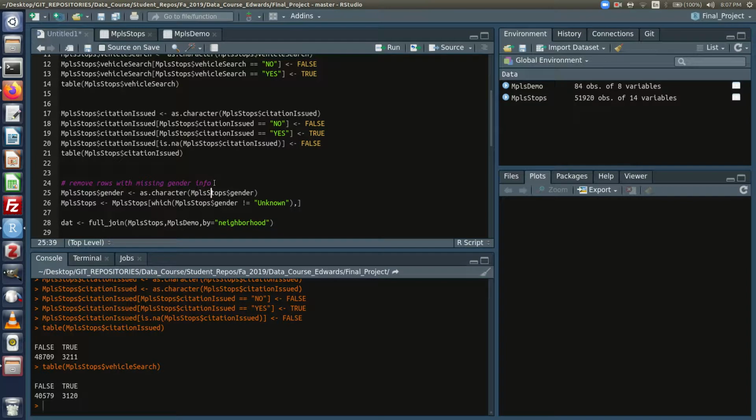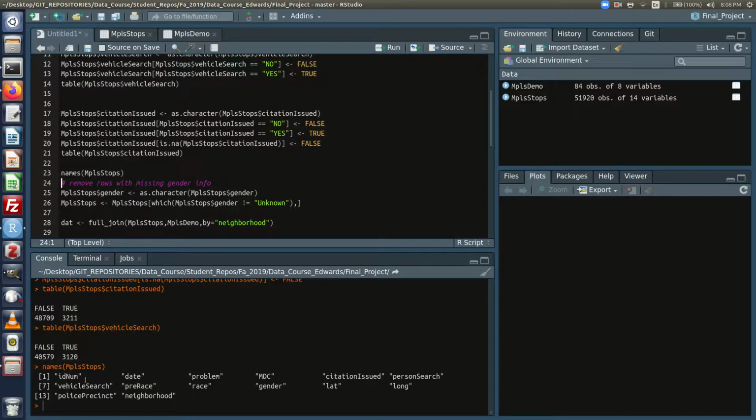So one of the things, if I look at names of MplsStops, we've got date, whether citation was issued, person was searched, whether the vehicle was searched, pre-race, which is mostly NA in this data set. We've got the person's race, gender, latitude and longitude, precinct and neighborhood.